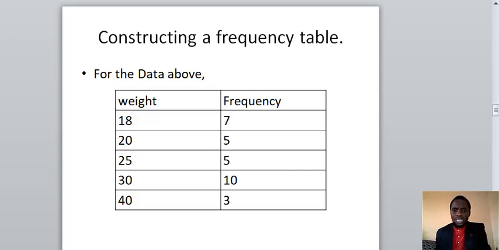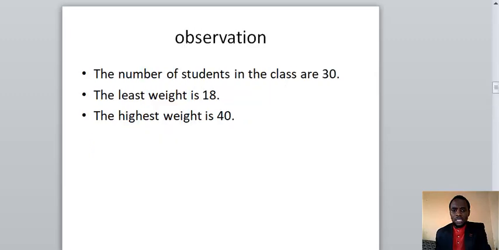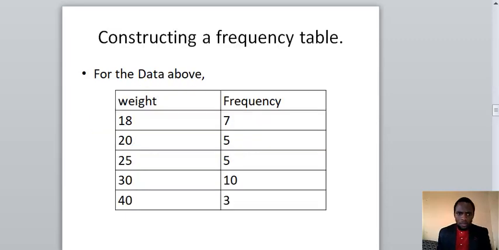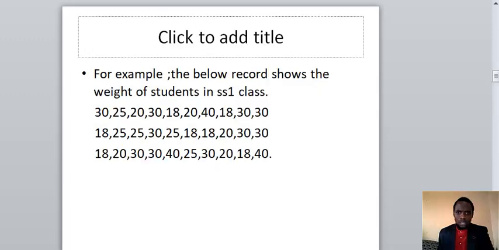Another value there is 20. How many 20s do we have there? We have 1, 2, 3, 4, 5. So 20 occurs 5 times. The next value is 25.